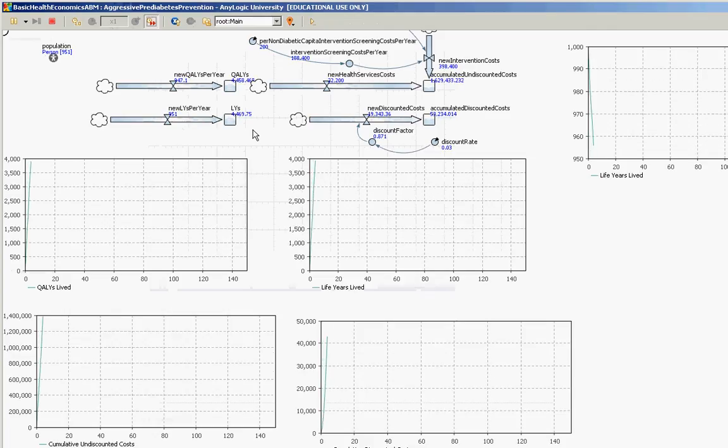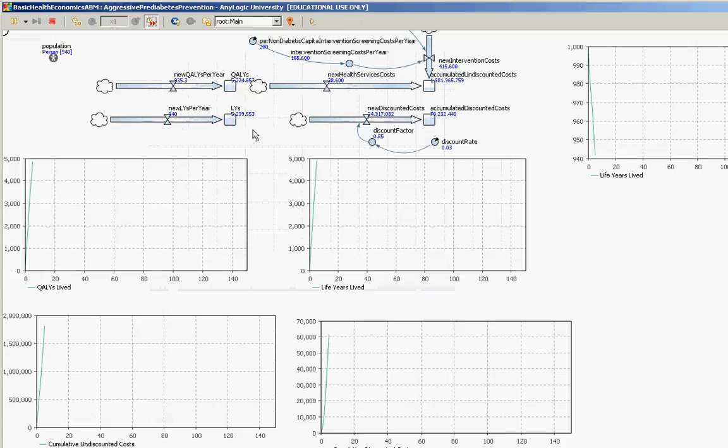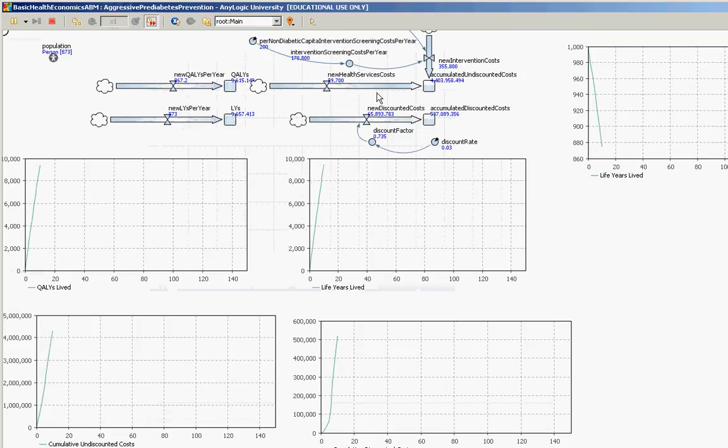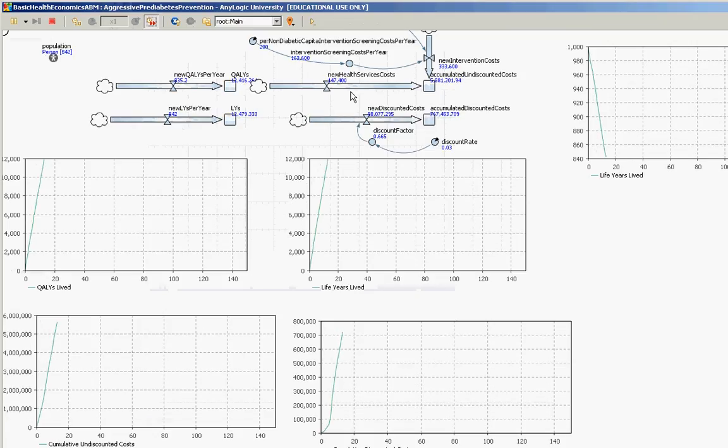And notice now the intervention costs are actually dwarfing the health services costs. We see quite rapid rise in this aggressive intervention.